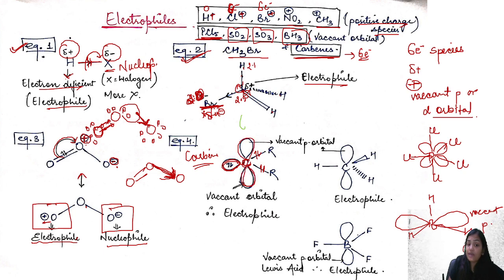Because of this vacant p orbital, this carbon could only have a p orbital. Carbon is a period number 2 element, so it cannot have a vacant d orbital. Because of this vacant p orbital, it has a tendency to accept an electron pair easily, and therefore it is said to be electrophilic in nature. It can show attraction for the electron and easily accept the electron pair.